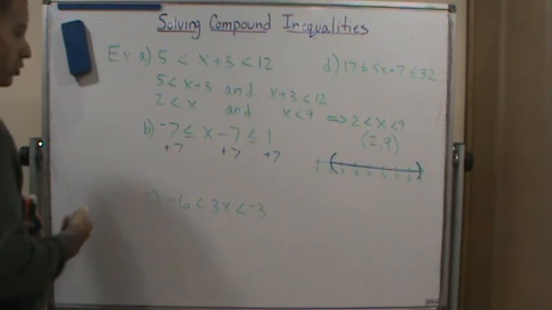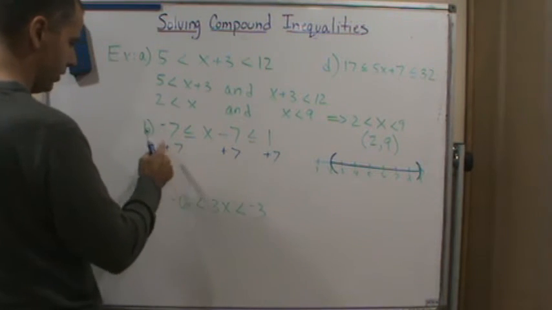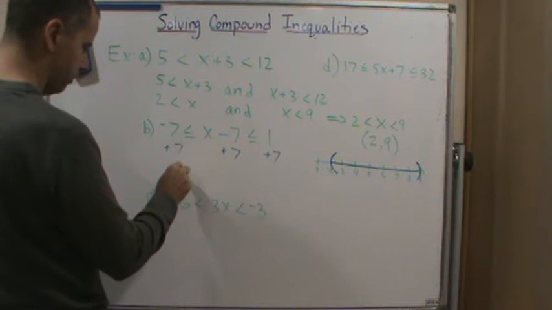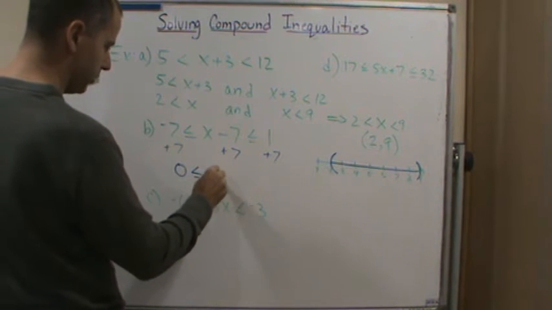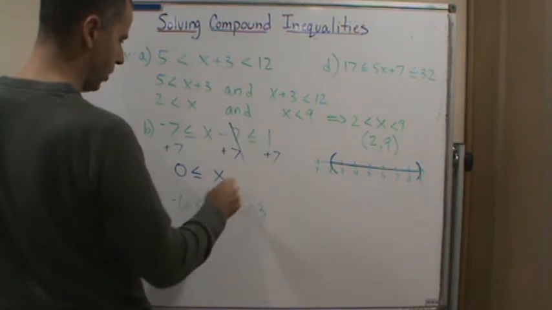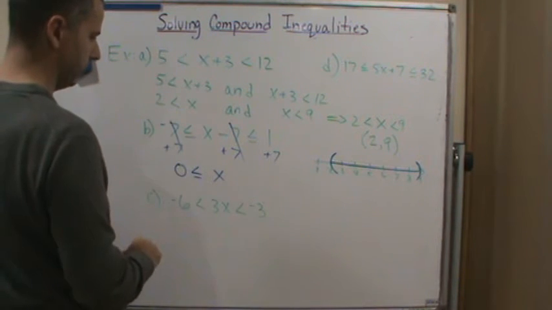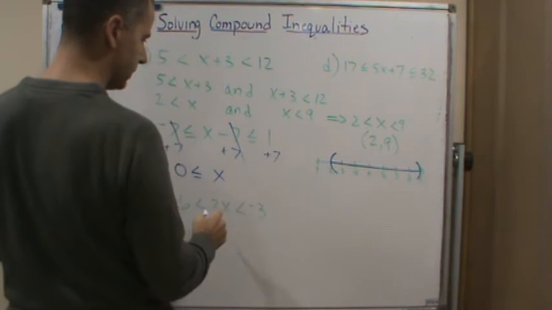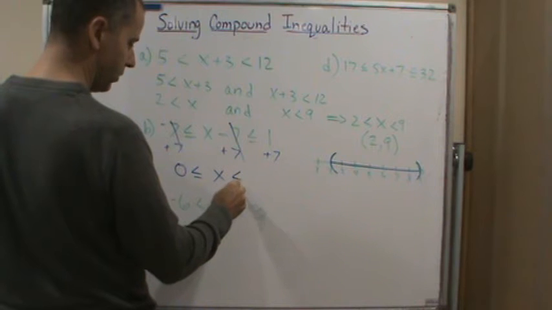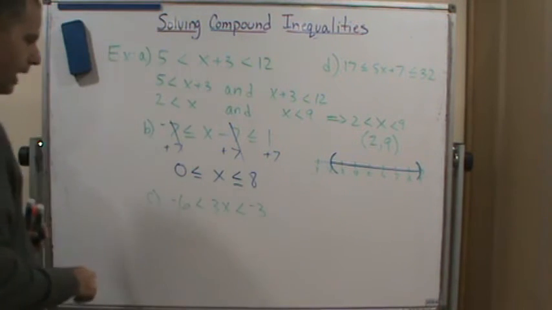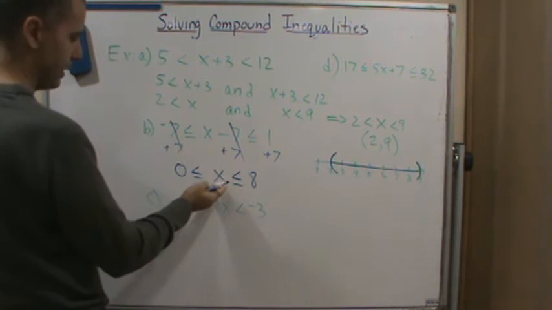Okay, so now this is going to go to 0, less than or equal to x, because these go away, and then 7 plus 1 is 8, so this becomes 8. So now I've solved it. See how I did that?